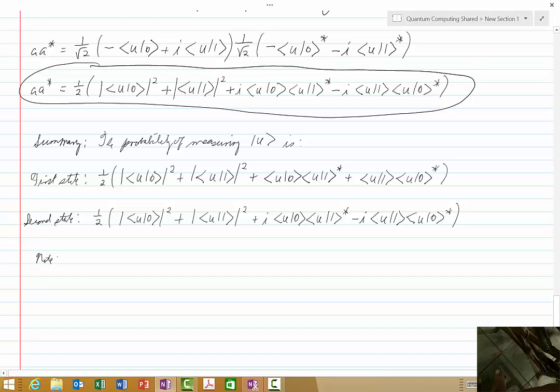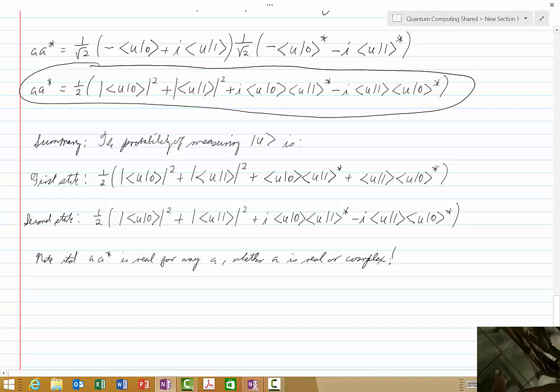Now, we can make some headway with these expressions in the following way. Note that A times the complex conjugate of A is real for any A, whether A is real or complex.